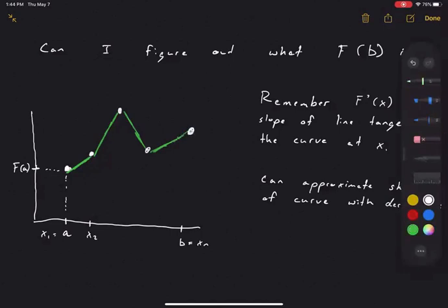And then my tangent does this. So I end up with this approximation to my curve. And I'm saying this is about F(b), approximately F(b).